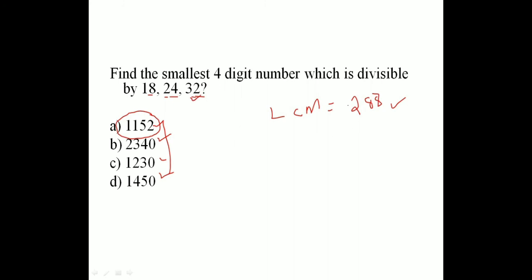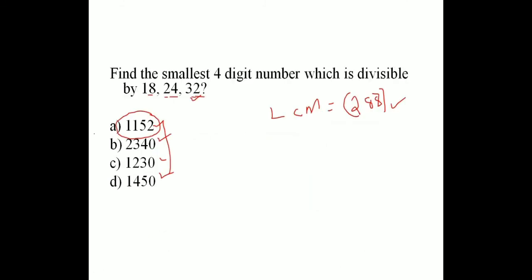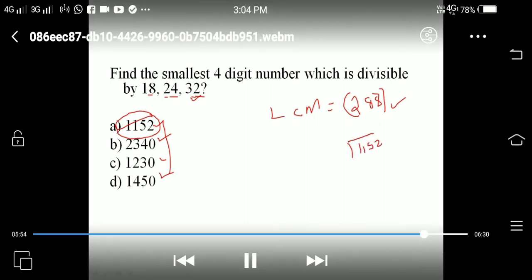Yes, 1152 is divisible by 288, which means it is the smallest number divisible by all these numbers 18, 24 and 32. So if we ask the question like this, calculate the LCM and check which of the given options is divisible by that LCM.